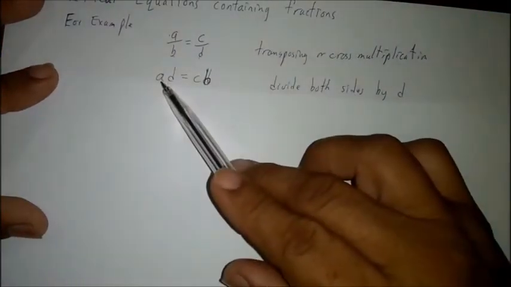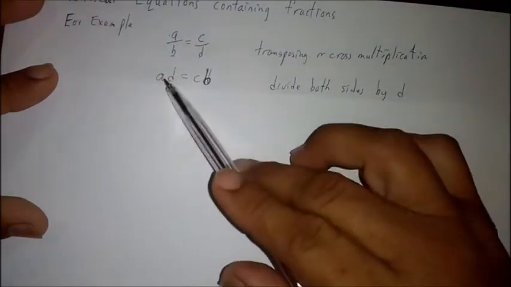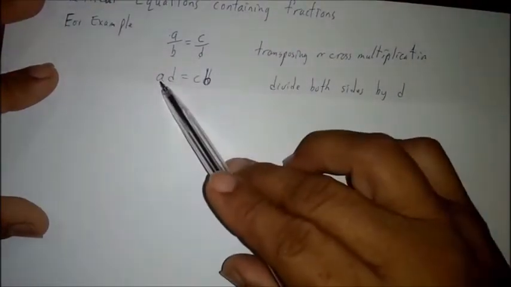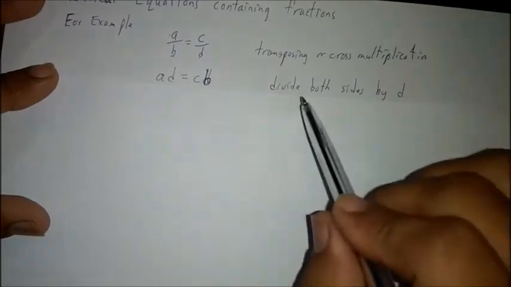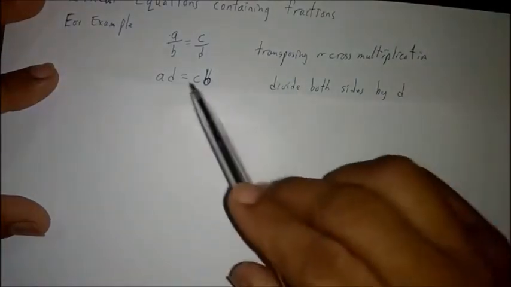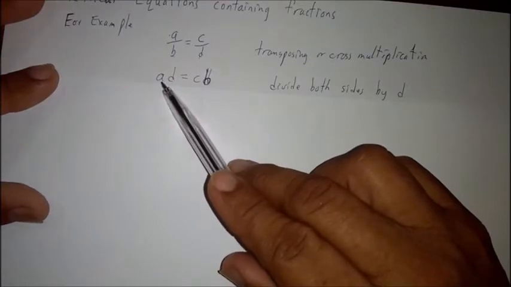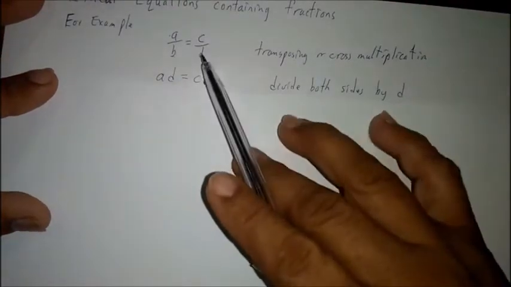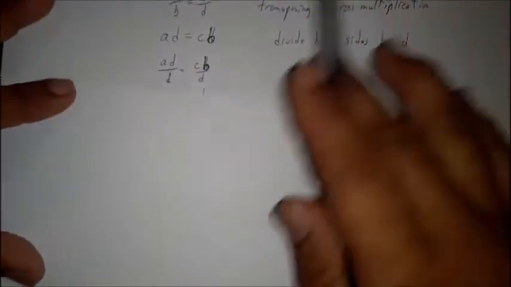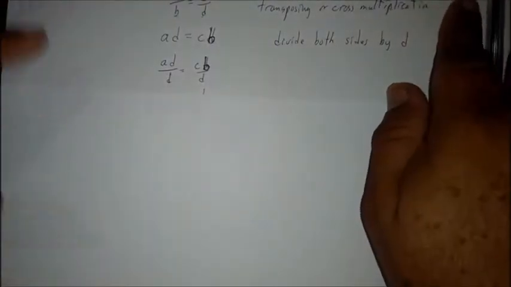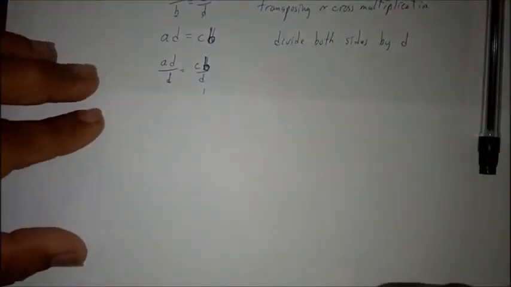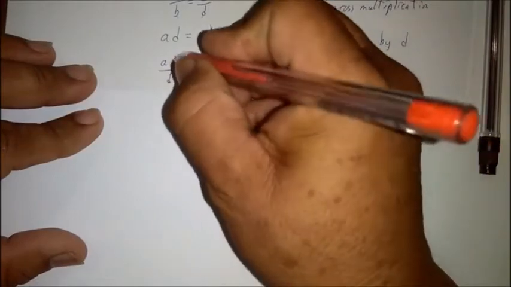Now we want A by itself. In this case, let's solve for A. So we divide both sides by D so as to isolate A by itself. By dividing both sides by D, we end up with AD over D equals CB over D. So the D's cancel out here.